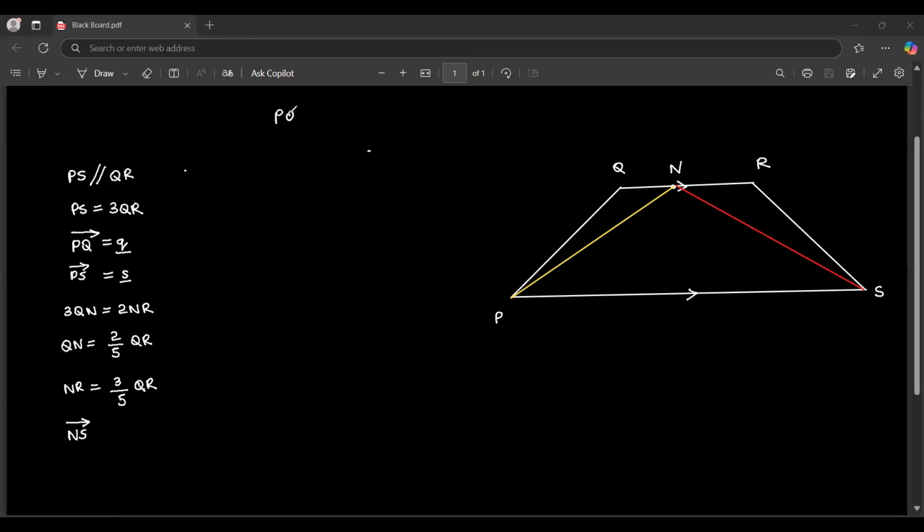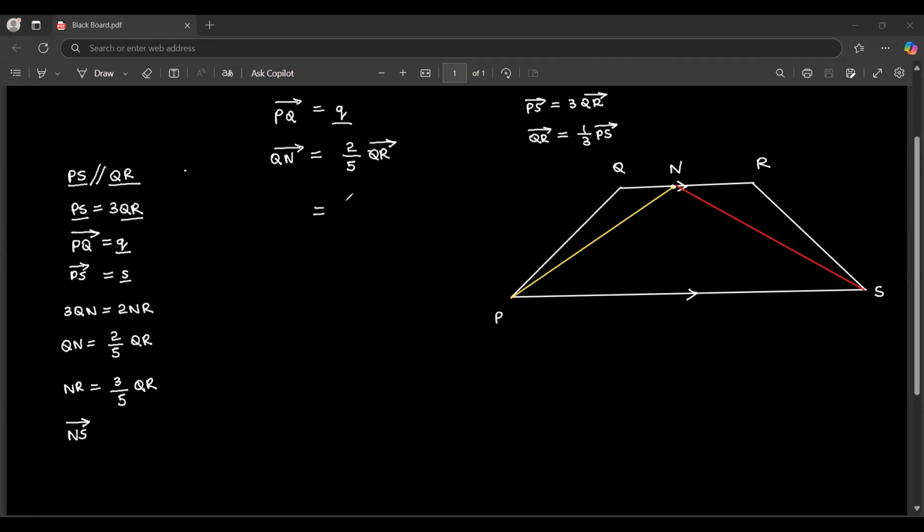So we know PQ is equal to q, and now we have to find out QN, and we know QN is equal to 2 over 5 QR. But the thing is, we know QR is parallel to PS, and that 3QR is equal to PS. So since PS is equal to 3QR, we can say QR is equal to 1 over 3 PS.